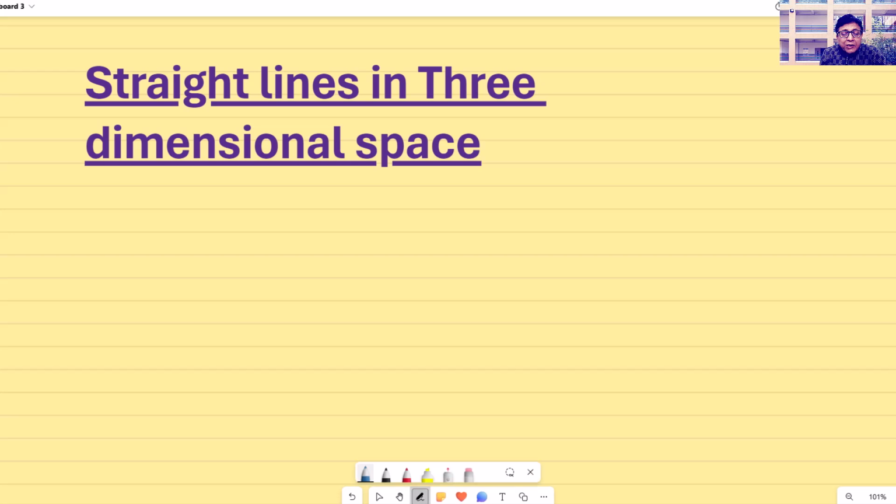So suppose there is a line here in 3D geometry which is directed along a given vector B, say, and we know a point on it whose position vector is A, then we will find the equation of the line.